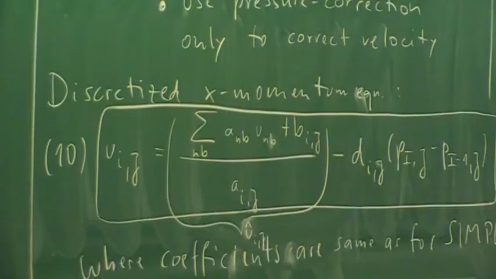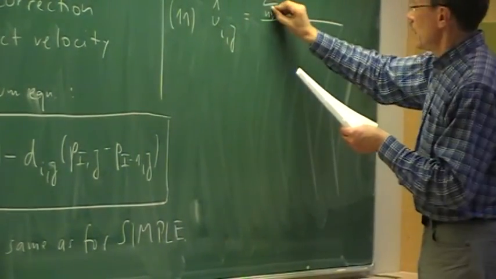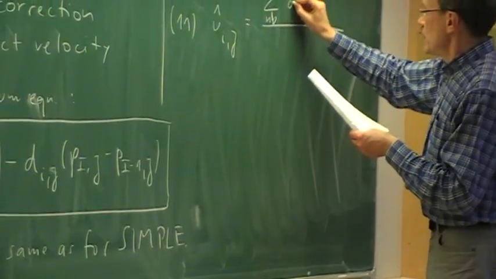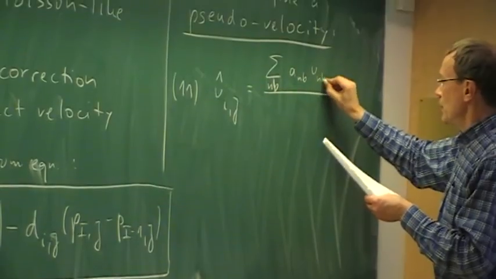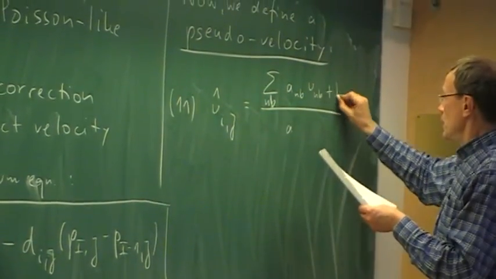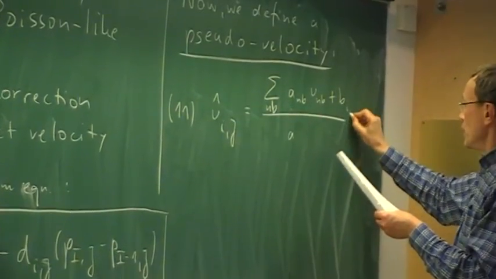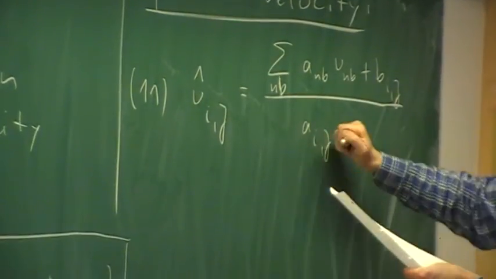So then we have that as the sum over the neighbors, where we have the neighboring coefficients A and B, and our velocity components there in the x direction, plus the contribution coming from the volume force, divided by A ij, capital J here.